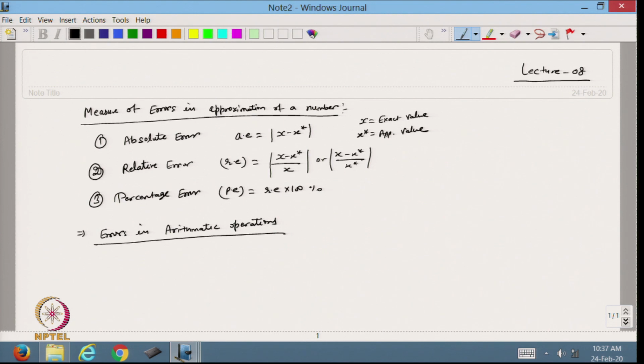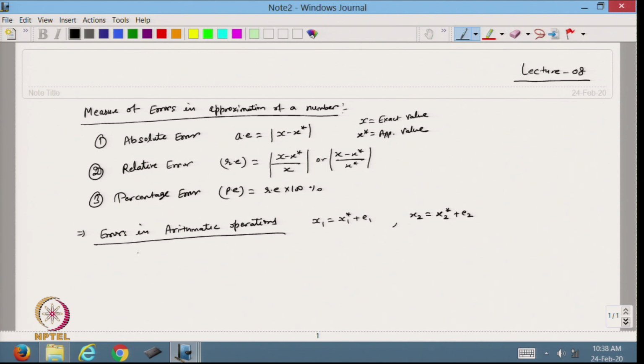Suppose we have two numbers. I have a number x1, which we represent by the approximate number x1 star, and I know that some error is there, so let E1 be the error involved in x1. Similarly, I have another number x2, which is also approximated and has some error, called E2.